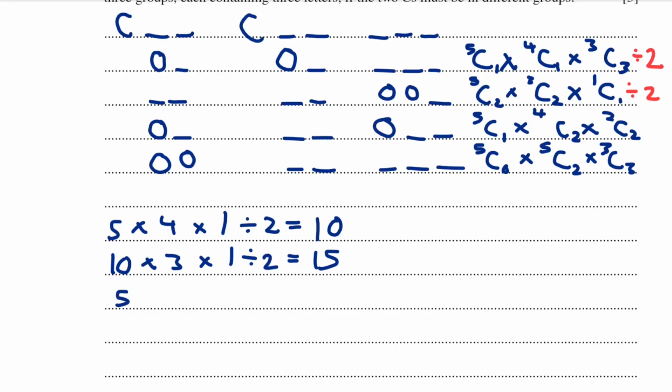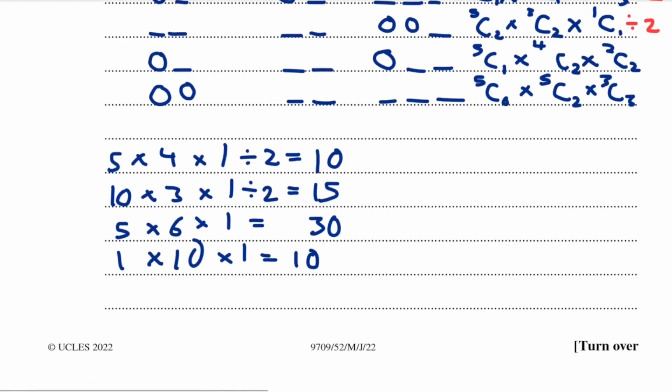Then 5 times 6 times 1 will equal 30. And then 5C0 will be 1, so 1 times 10 times 1 will equal 10. And if we add these all up, we should get 65 as the correct answer.